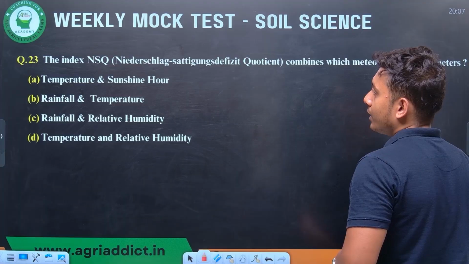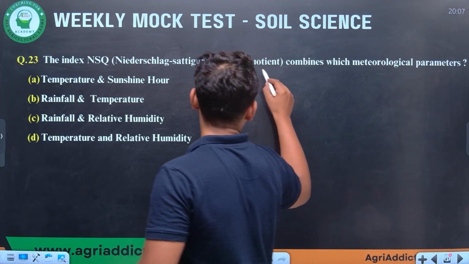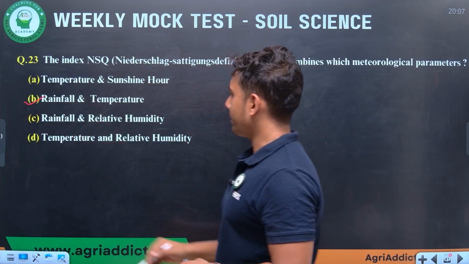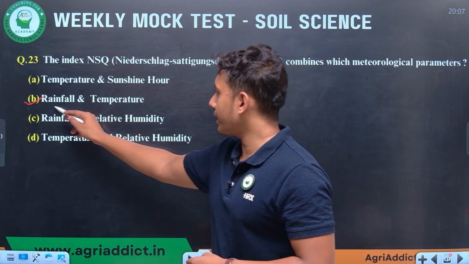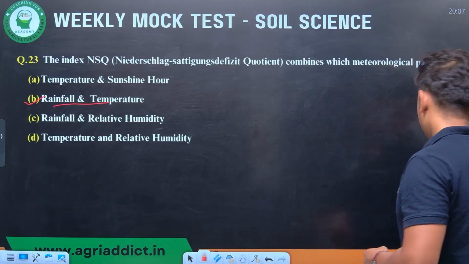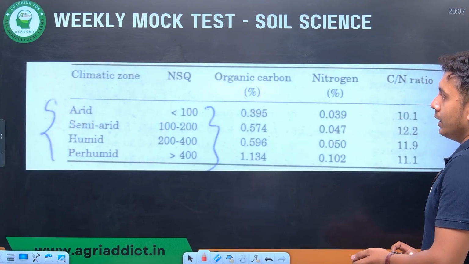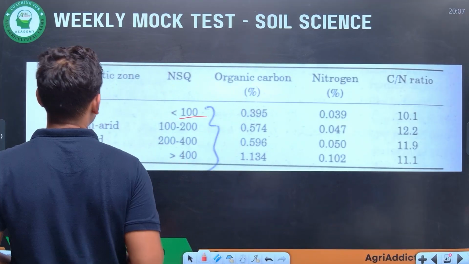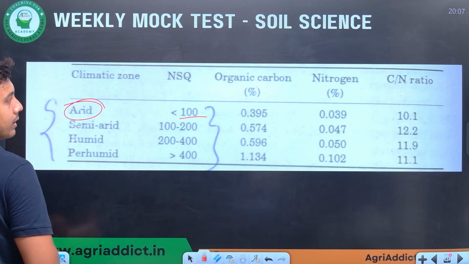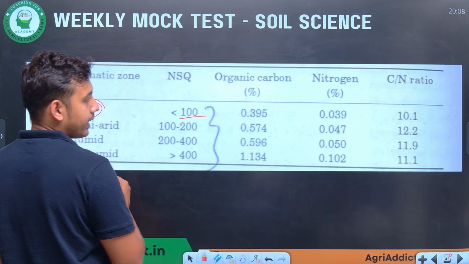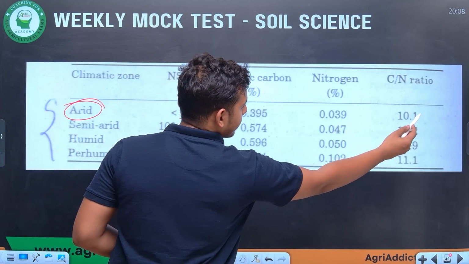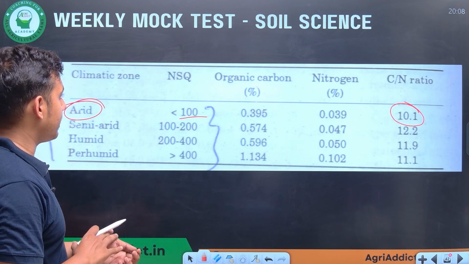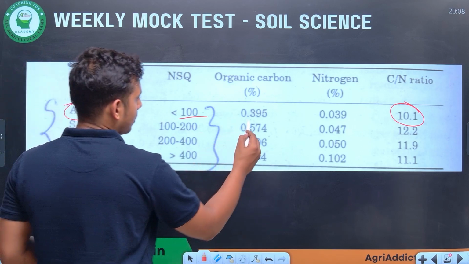Now comes NSQ. NSQ is the Nitrogen Sulphur Quotient, which combines meteorological parameters, rainfall and temperature. For more information, if the NSQ is less than 100, it is arid, and the CN ratio is low, with low carbon content. Organic carbon is also low.